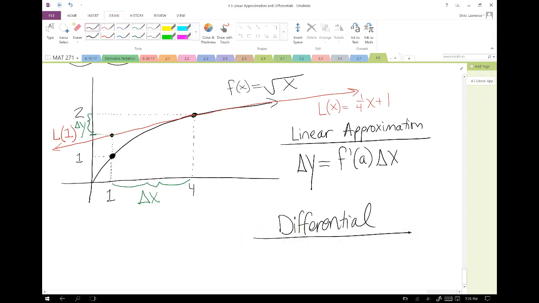So the formula for the differential looks nearly identical. It just has a couple of little notation changes. The differential says dy equals f prime of x, and we can plug a specific value in there if we want to. This is just a general formula for the differential, times dx. So instead of the deltas, we use d's.